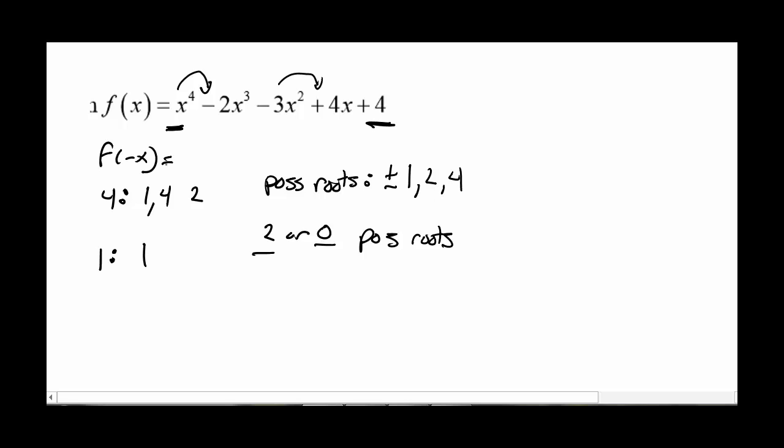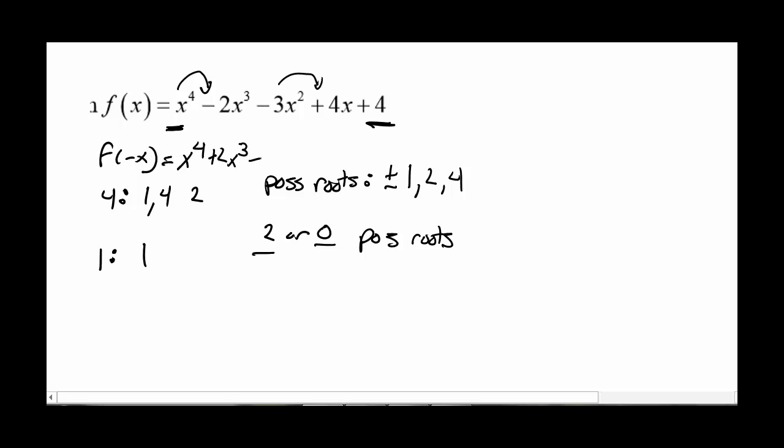However, negative x, let's do that. And let's just talk about if the sign would change or not. So if I evaluate each of these terms with a negative, would x to the 4th change? Nope. It would still say x to the 4th. X cubed would change signs.